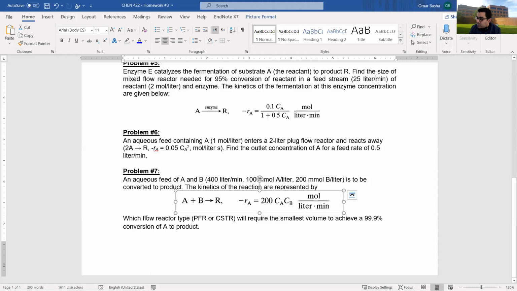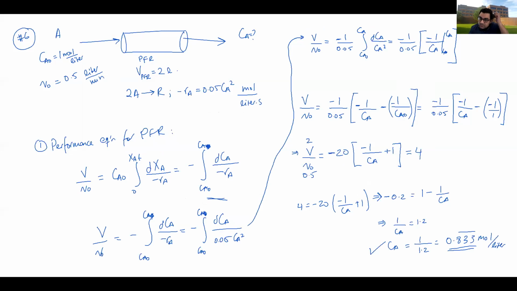You're being asked to find which reactor, the PFR or the CSTR, will require the smaller volume to achieve a 99.9% conversion. This is not a straightforward problem. Let me clear all my drawings, and let's start working on this problem. Okay, number 7.